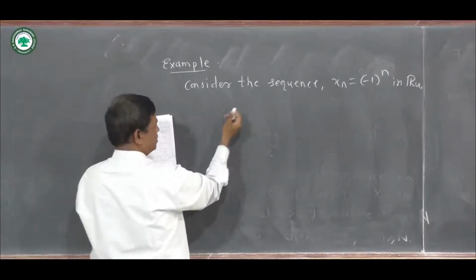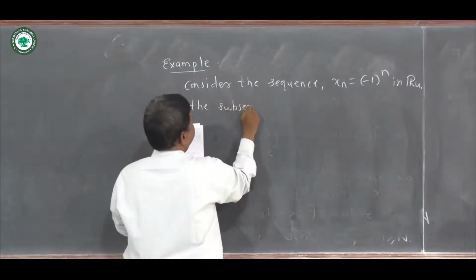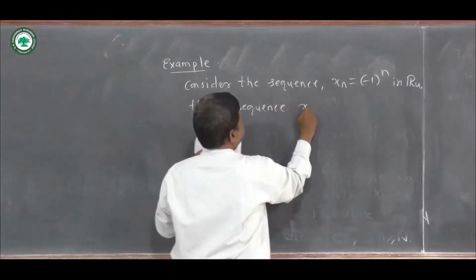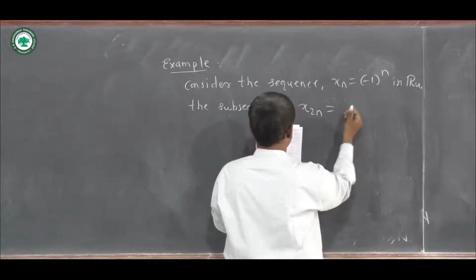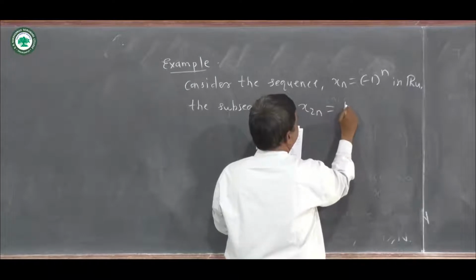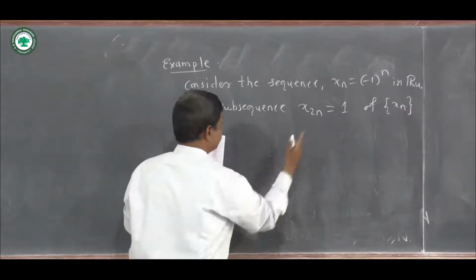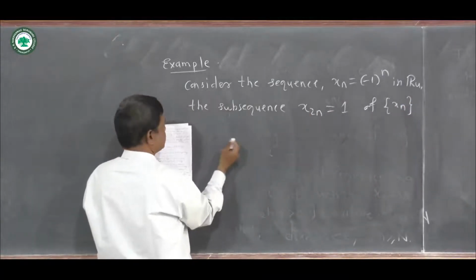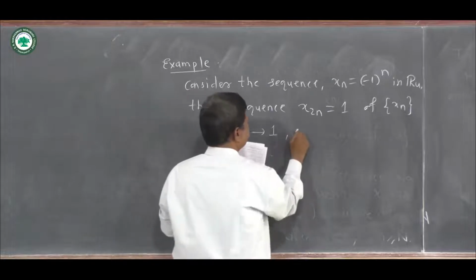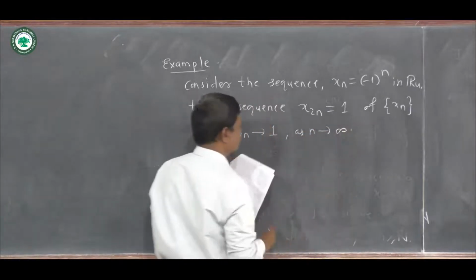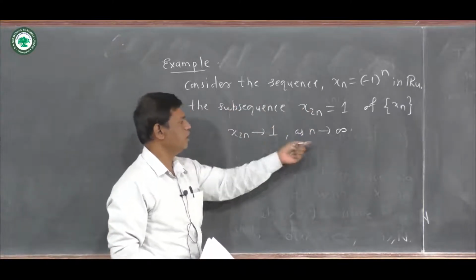If you consider the subsequence x2n, which is (-1) raised to 2n, that is 1, then this subsequence x2n of xn converges to 1 as n tends to infinity.